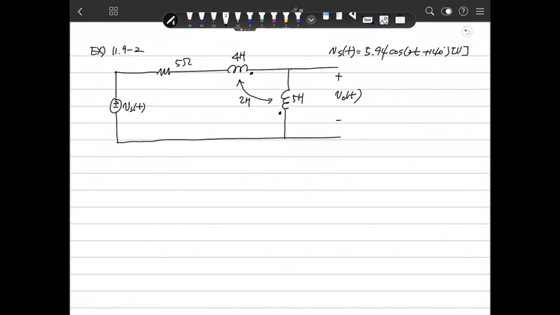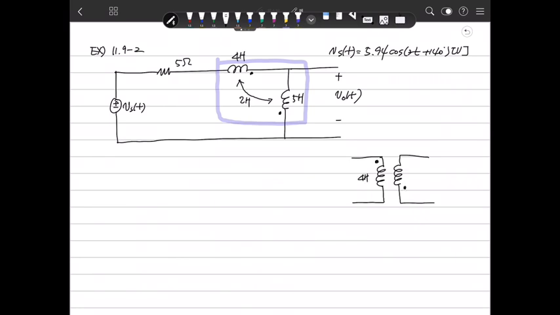Then what should we do? I mean, before discussing that, I want to know what is that. I mean, if the coupled inductor in this manner, this form is familiar with us, and this is that here, and this is that here.